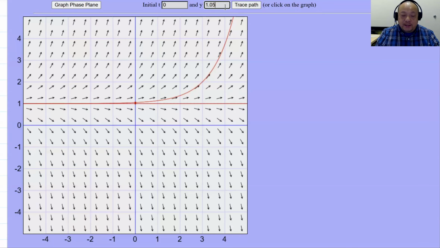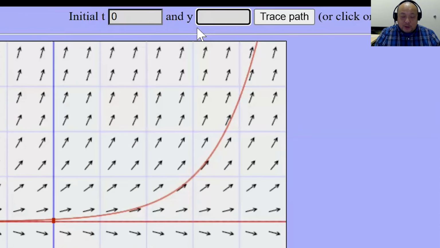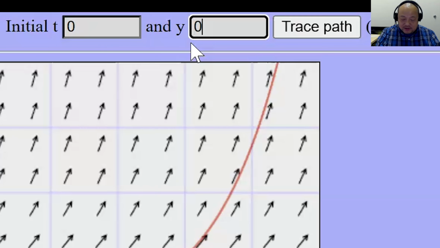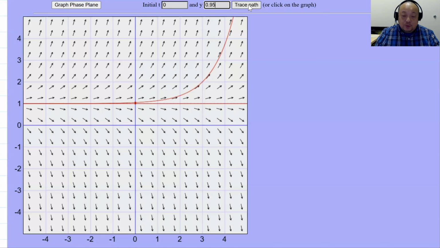And vice versa. What if our instrument is a little bit below the reality? And instead of getting y equals 1, we get y equals, say, 0.95. And we draw the solution curve for that on the slope field. And we get this other error going the other way.